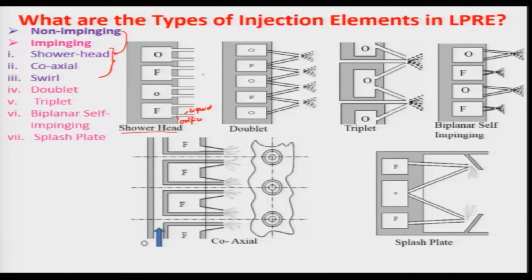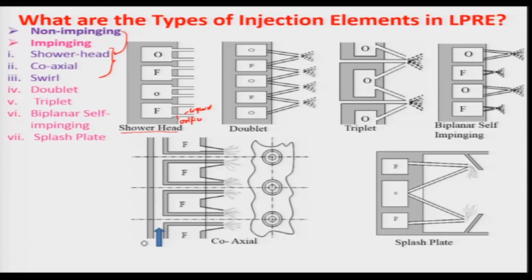The advantage of the shower head atomizer is that it acts like a shield between the combustion chamber wall and the combustion zone, such that the heat transfer from the flame to the chamber wall is minimized. However, this is not being used very much nowadays.